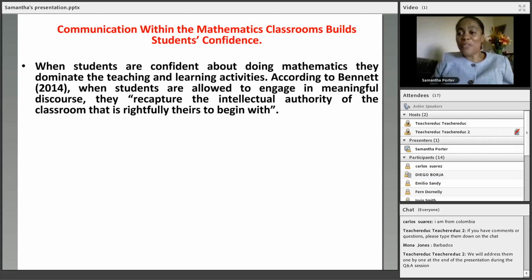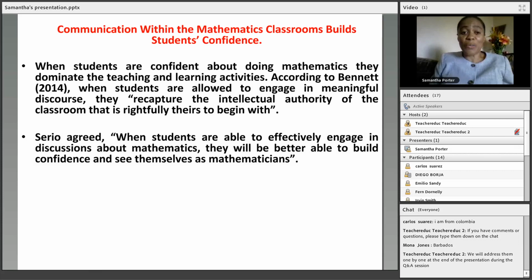We have to give the students the opportunity. We have to give them the opportunity to be learners, to be responsible for their own learning within the classroom. When students are responsible for their own learning, they gain confidence and they believe what they are doing is correct.